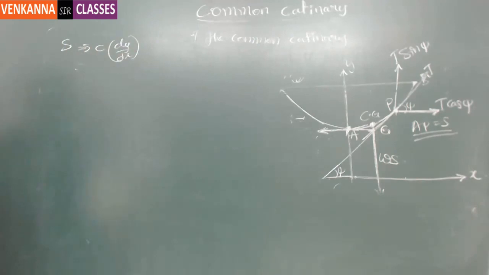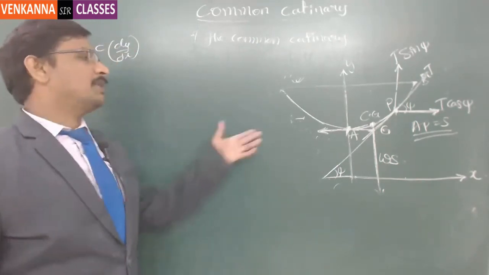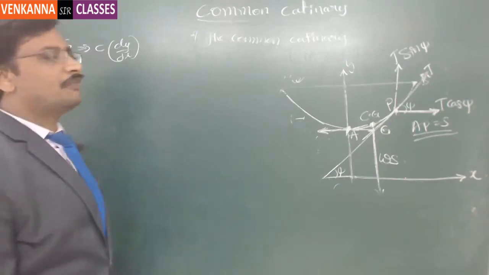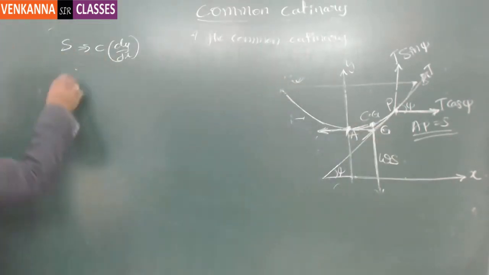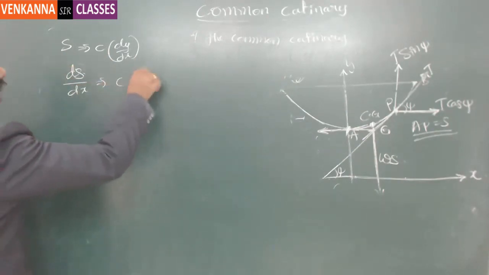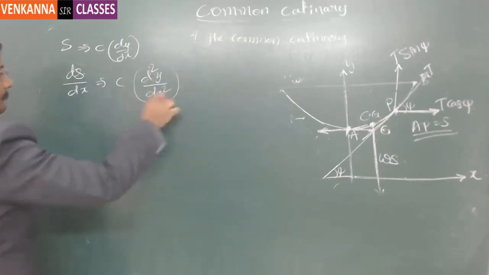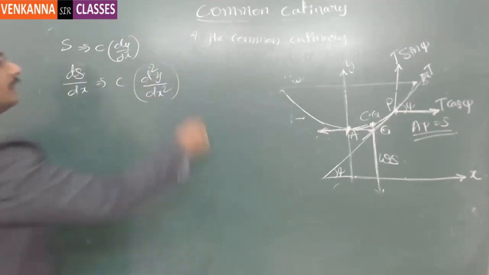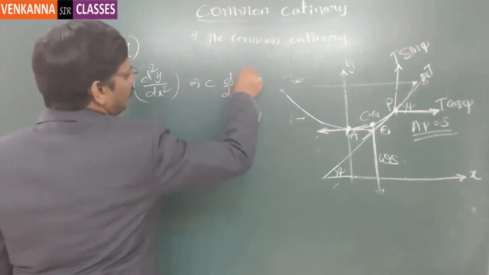Now I want to solve this differential equation, and S is a parameter, right? So S can be a variable value. If I take the S variation along the x direction, that is ds by dx, it is going to be C times d square y by dx square, or this is C times d by dx of dy by dx.